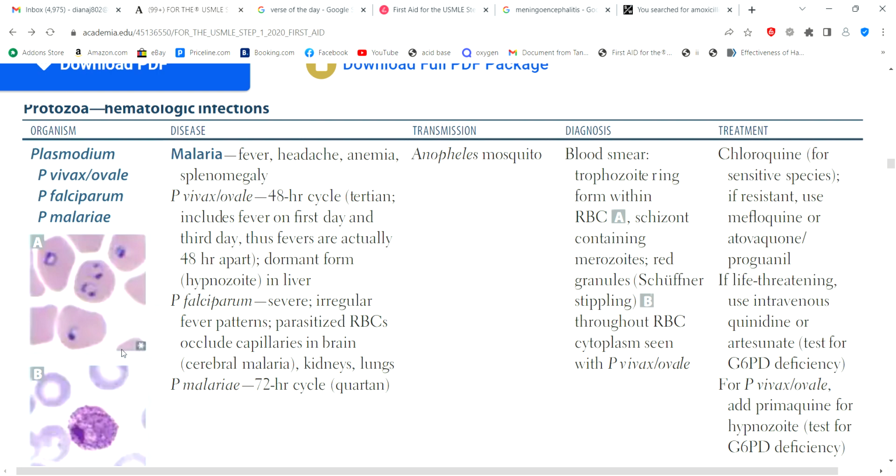So I just think of it like this: the parasite can't get into the sickled RBCs. Therefore, it cannot infect them, and they can't go and occlude the brain, kidneys, and lungs. So just remember that. Sickle cell disease is protective against Plasmodium falciparum.